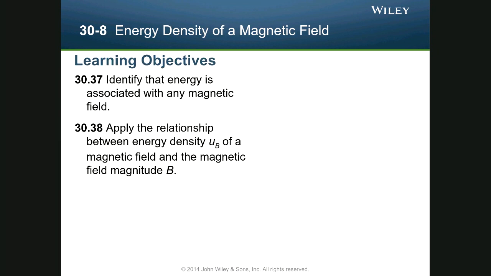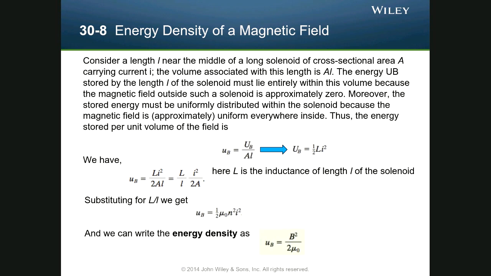But much like we needed for the energy density to relate the energy stored directly to an electric field, we'll have to do a similar calculation. You'll notice that's what AL is down here, right? It's area times length, so that's energy per volume.